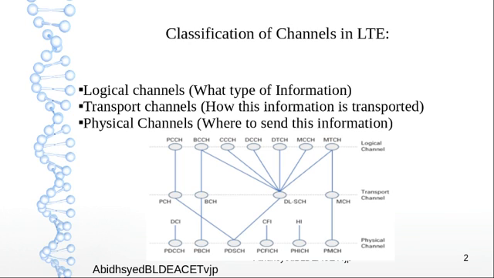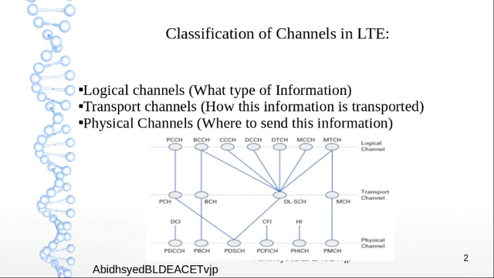Next classification is transport channels. The transport channel's main concern is how this information is transported or transferred. The next one is the physical channels. The physical channel mainly concerns where to send this information.